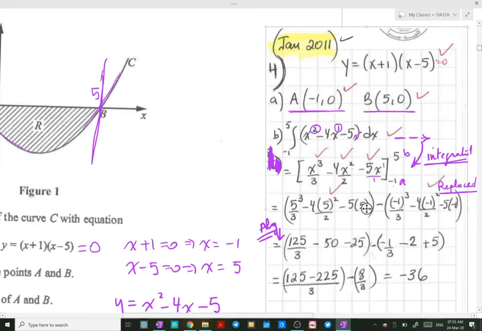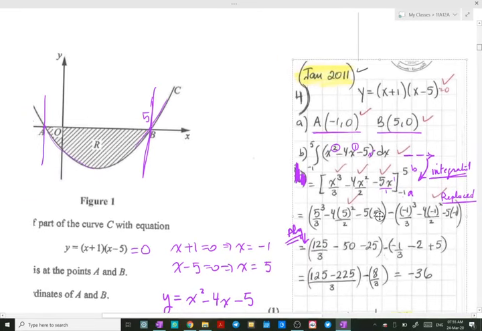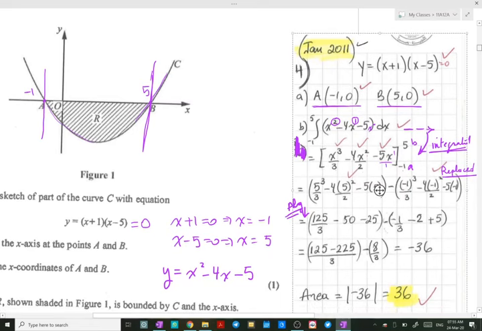Now, the question here is this: how can an area be minus 36? You have to be careful that when the area is negative, you have to take the absolute value of the area and write it without a sign, which is 36. Now, why is the result here negative?